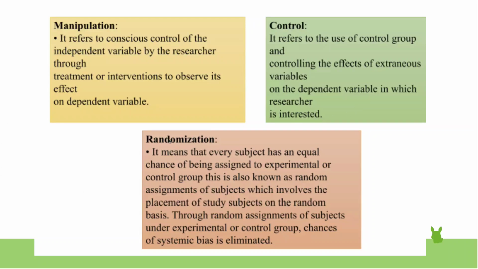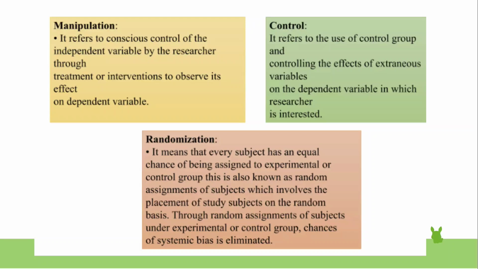Third factor is randomization. It means that every subject has an equal chance of being assigned to the experimental or control group. This is also known as random assignment of subjects. That means, for example, you are selecting 60 people: 30 in the experimental group and 30 in the control group. How will you select? You write down all 60 people's names or numbers on chits and keep them in a container.